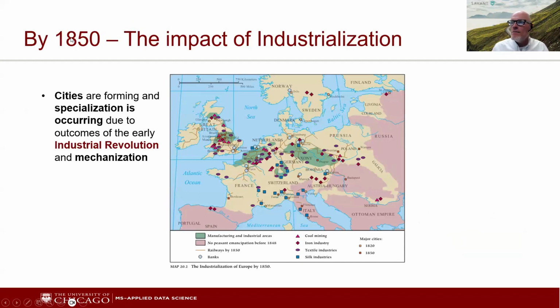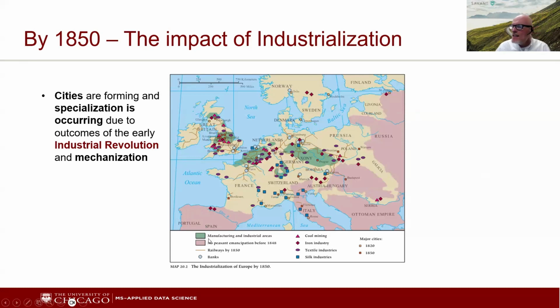This is the post-1848 European map. Cities are starting to form and specializations occurring are early outcomes of the Industrial Revolution and mechanization. What this map shows is that we have no peasant emancipation in Russia and most of the European South. There's no liberty; people are still enslaved, basically indentured peasantry.